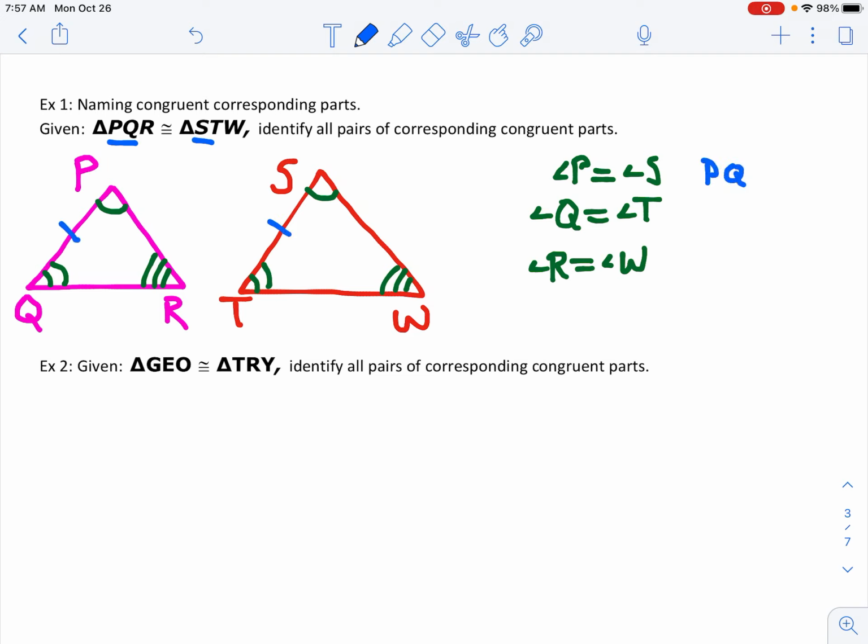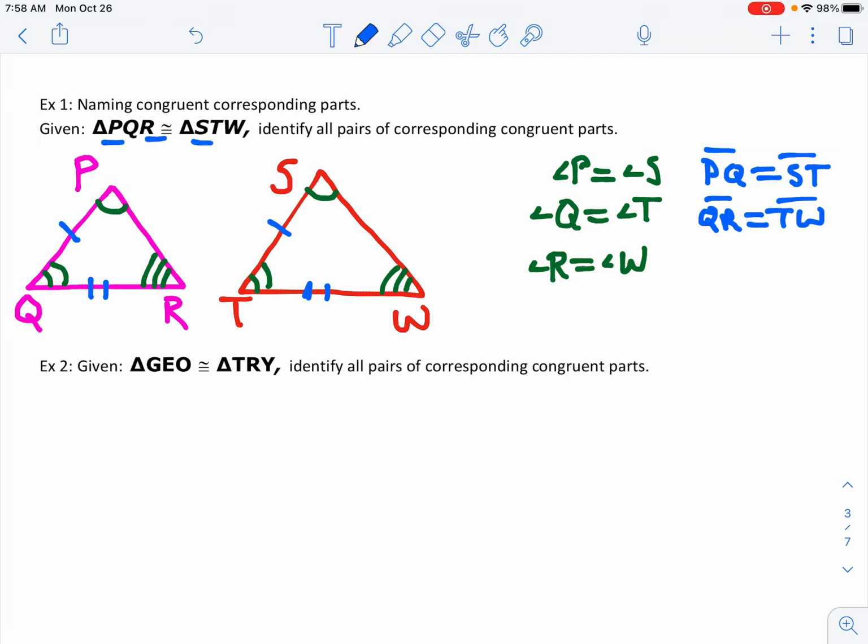PQ equals ST. All right, let's slide over. Let's use the next 2 letters, QR and TW. I'm going to put 2. I know that QR has to be equal to TW. All right, last, let's go to our first and last letter.